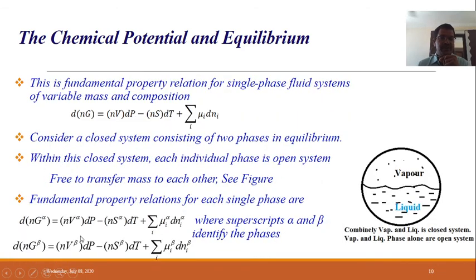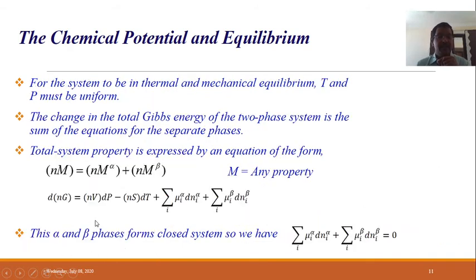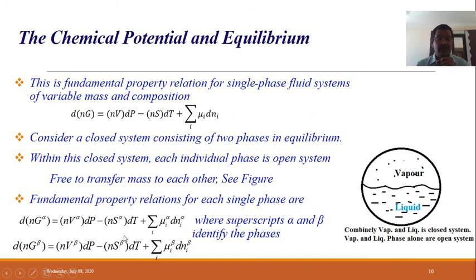So this plus this, and here NV alpha and NV beta, in brackets added together, times dP. So this is again NV dP. So it is again simple. And then if you add this together, minus NS alpha dT minus NS beta dT.